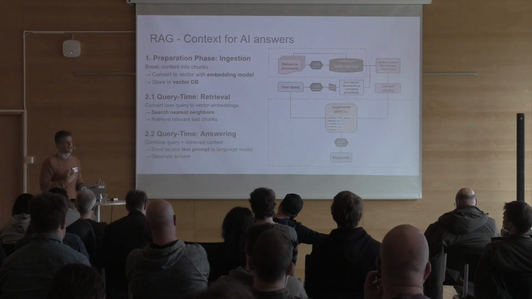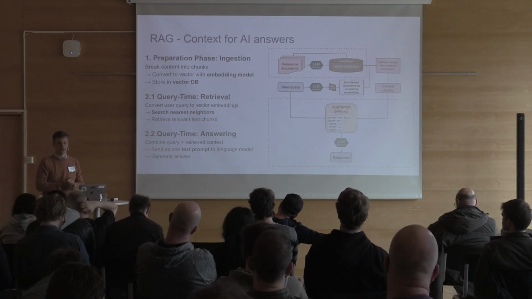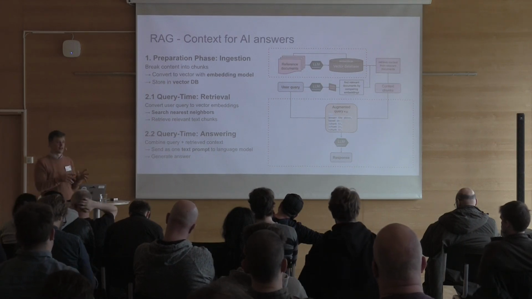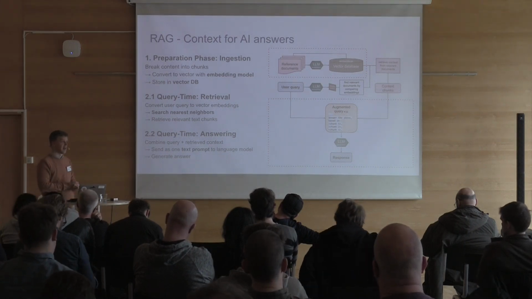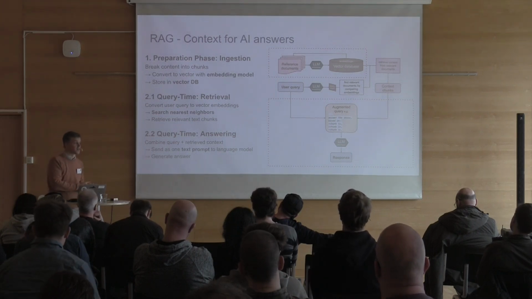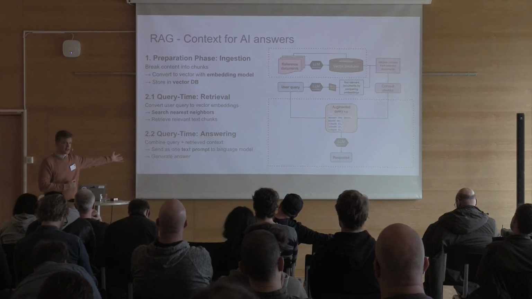And that's your preparation. Then at query time, when you actually use your RAG chat interface, the user writes in a question, and that question will be vectorized with the same embedding model that we used to embed the actual documents.